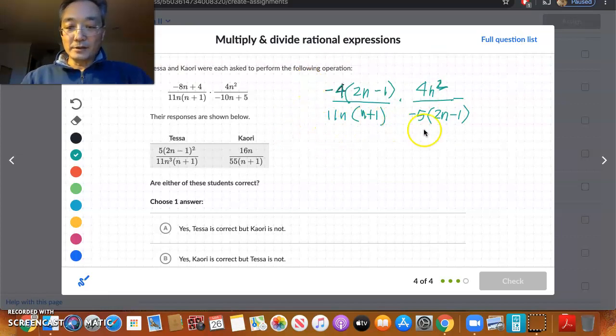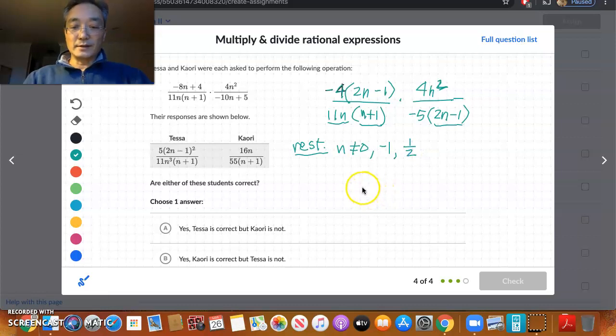And again, we can clearly see what our restrictions are. I know they didn't ask for it again, but we're going to do it just for practice. So our restrictions are n cannot be equal to 0, n cannot be equal to negative 1, and n cannot be equal to 1/2.